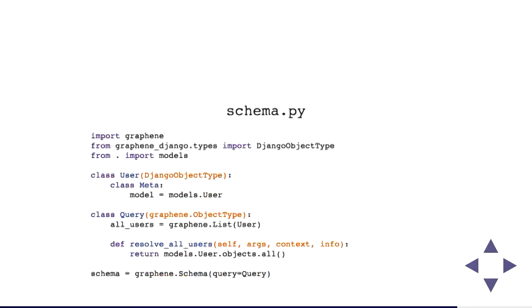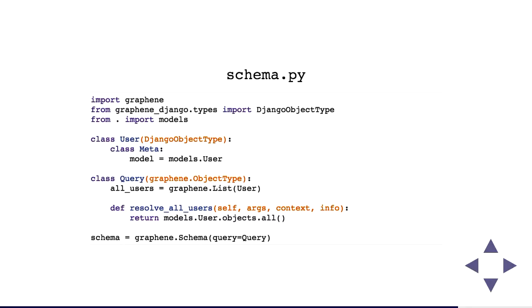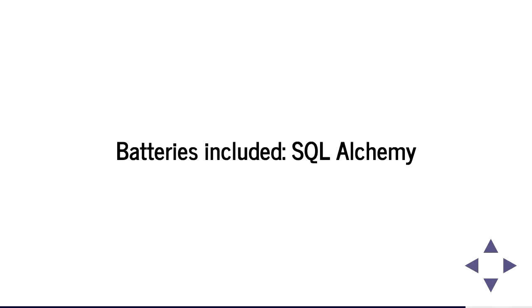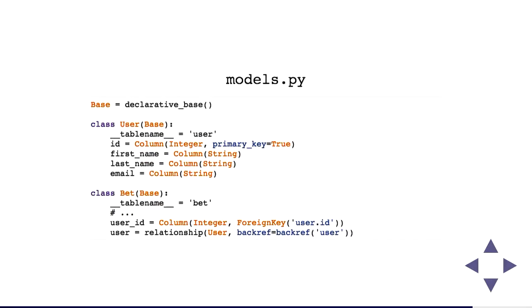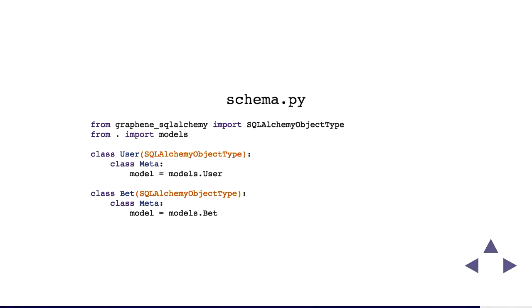The only thing that you will have to write yourself is the resolver for the entry point. So here we just get all the users from our database, which in fact are Django objects, and they are behind the scenes converted into Graphene objects. The same happens for SQLAlchemy. So assuming that we have these models, we can do the schema in exactly the same way as for Django.